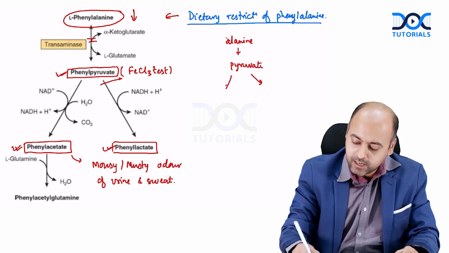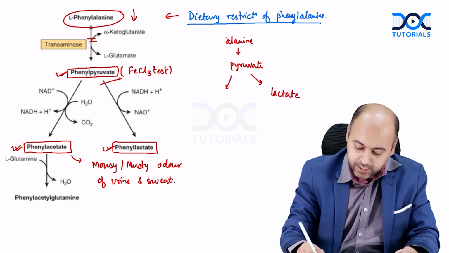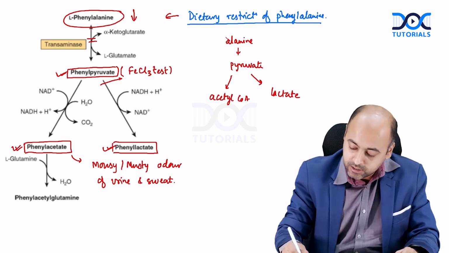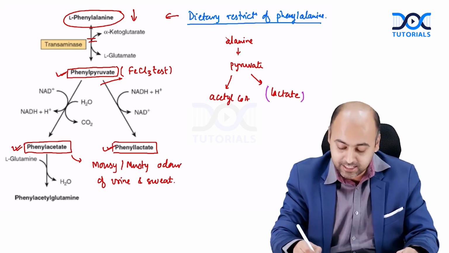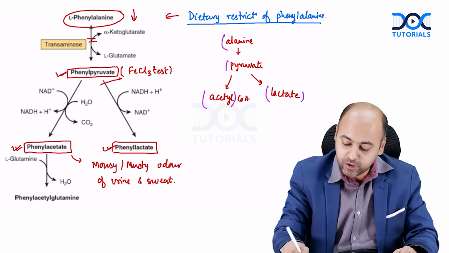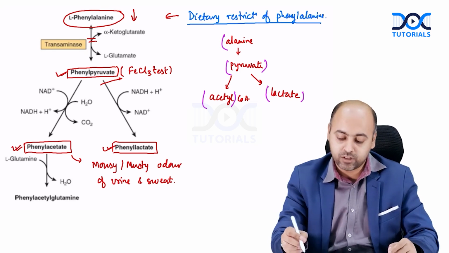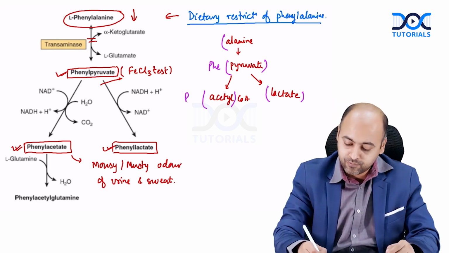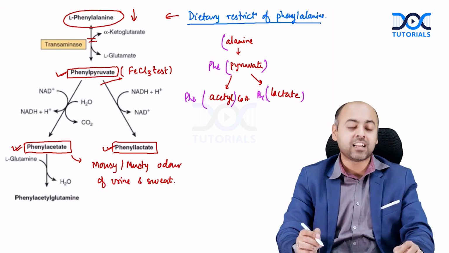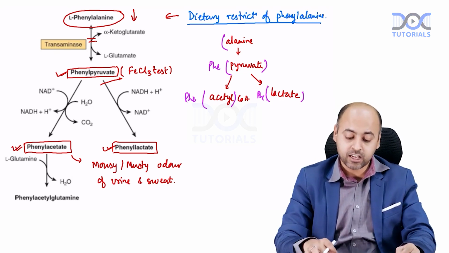The pyruvate can either be converted to lactate or it can be converted to the acetyl coenzyme A. So what we are using here, the lactate part of the phenyl lactate, the acetyl part to the phenyl acetate, the alanine and the pyruvate part to the phenyl pyruvate. Okay. This is how you can remember the products, the phenyl lactate, phenyl acetate and the phenyl pyruvate.